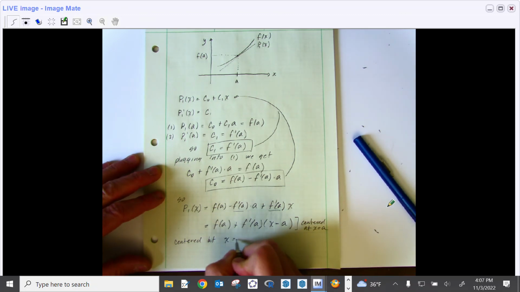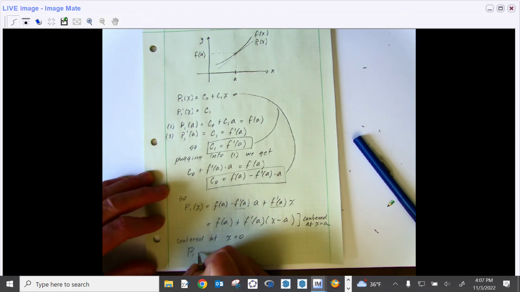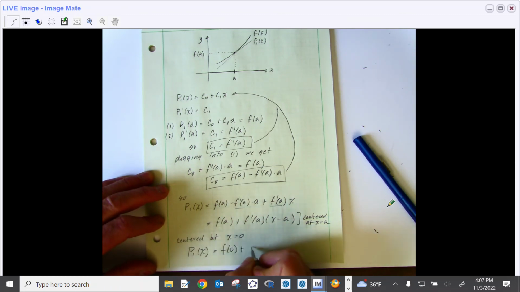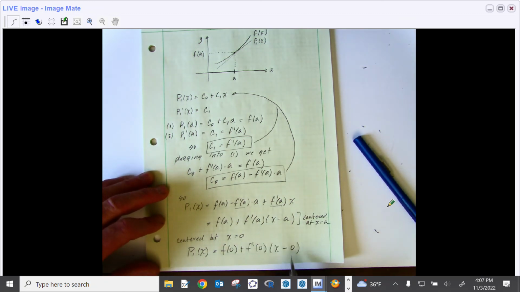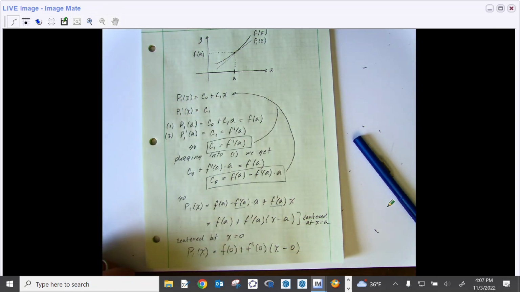Centered at x equal to 0 looked like this: P1 of x equals f of 0 plus f prime of 0 times x minus 0. I mean, we didn't put the minus 0 there, but notice it's very similar, and so it makes good intuition that really all we're doing is shifting everything to a new point instead of 0.